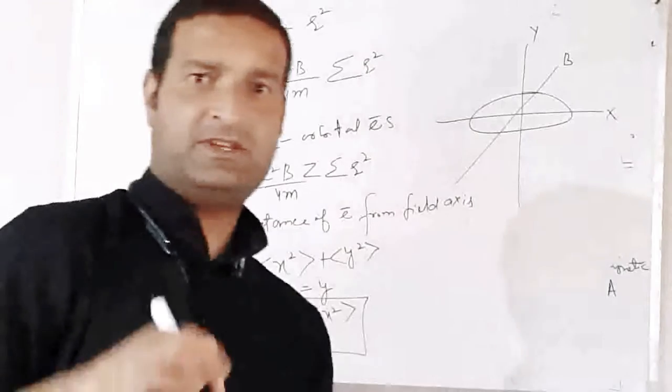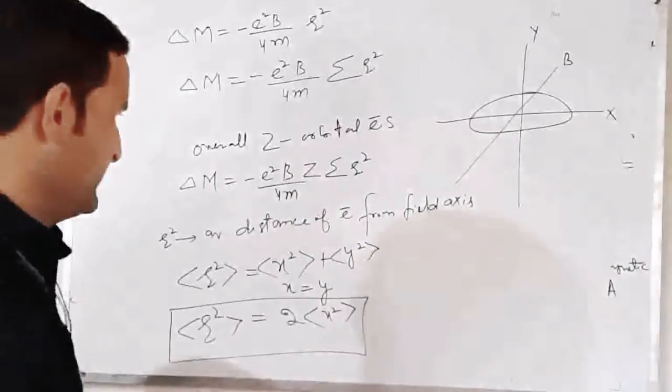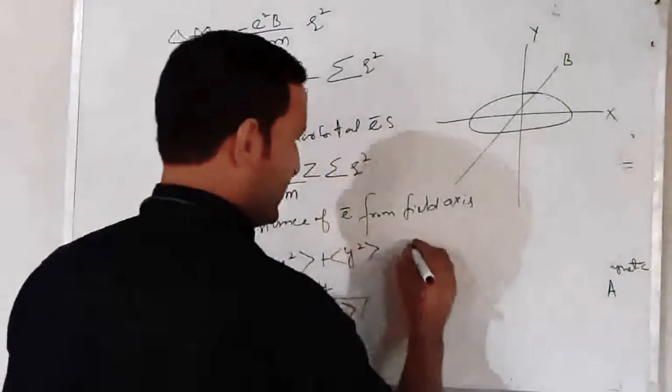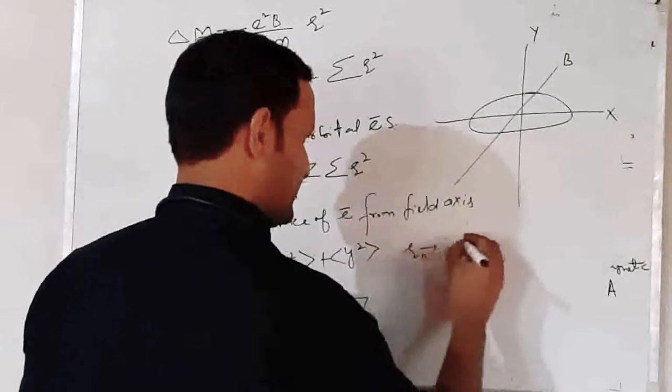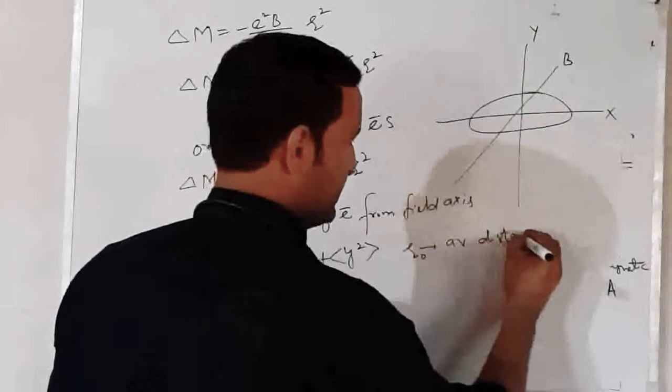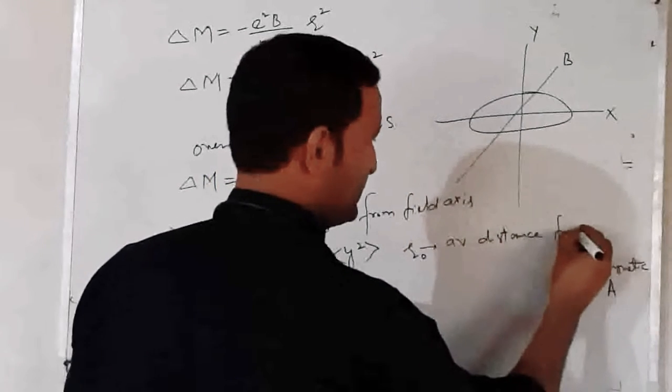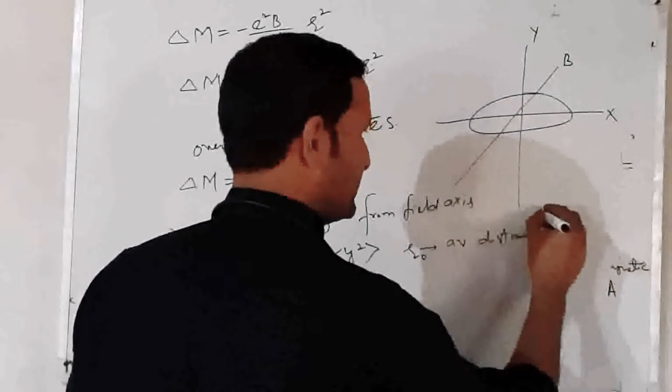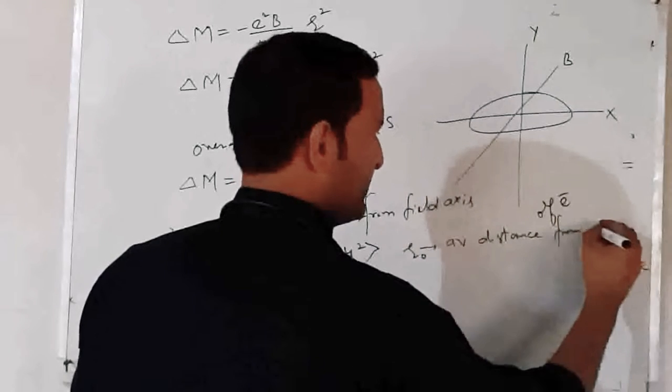Here we can define another distance, r naught. R naught is the average distance of the electron from the nucleus.